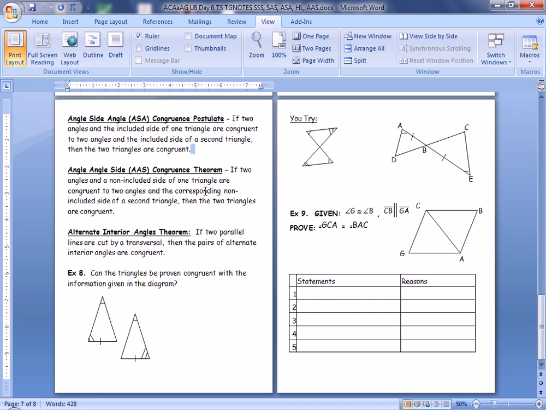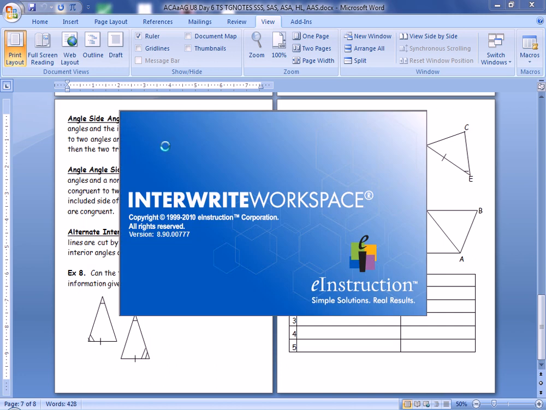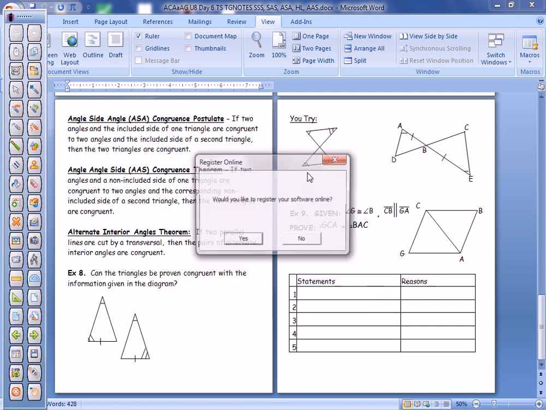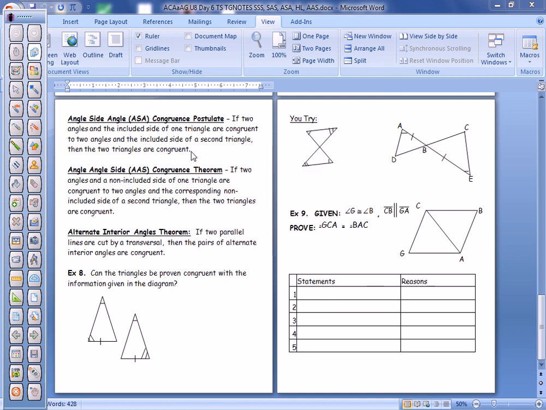I'll pull up the workspace so I can take notes here. What it says is if we have two angles and an included side of one triangle and two angles and an included side of a second triangle, then the two triangles are congruent. So what would that look like?